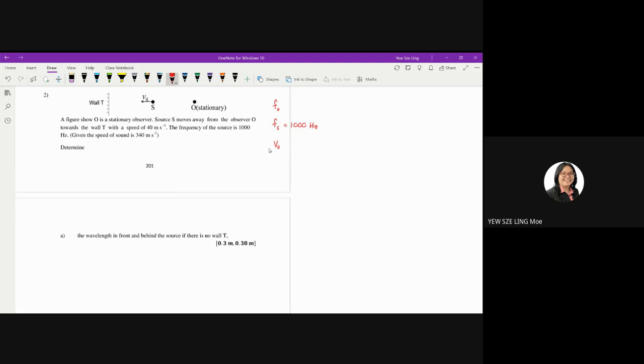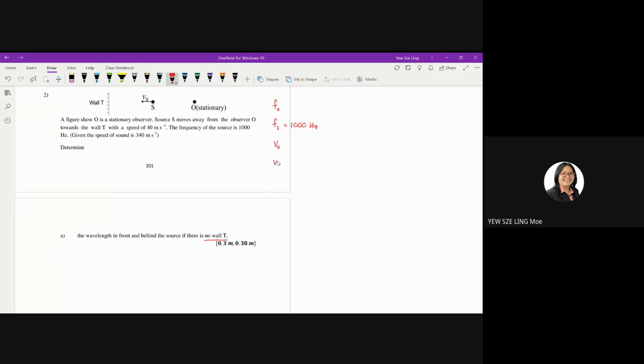Right now, I still don't have the information yet, because I don't know which one is my observer. The question hasn't helped me. Even though it mentions observer O, if you look at the question, it is asking about the wall. What happens to the wall? So Vo, I'm going to leave it blank right now. I'm going to assume I don't know the value yet.